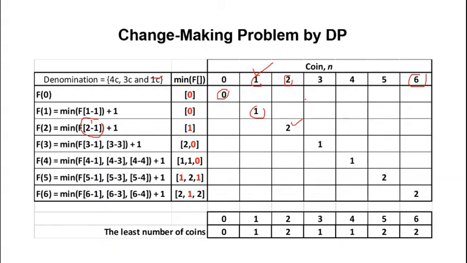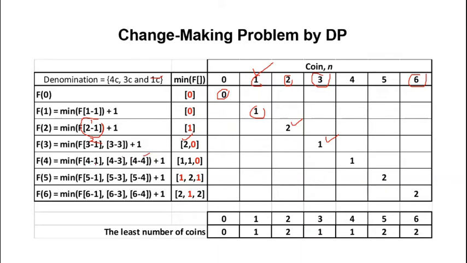For n equal to 3, 3 minus 1 is 2. We already have the solution for 2, return 2. And 3 minus 3 is 0. We have already solved for 0. So the minimum of 2 and 0 is 0, and 0 plus 1 is 1. For 4, we have denomination 1, denomination 3 and denomination 4.